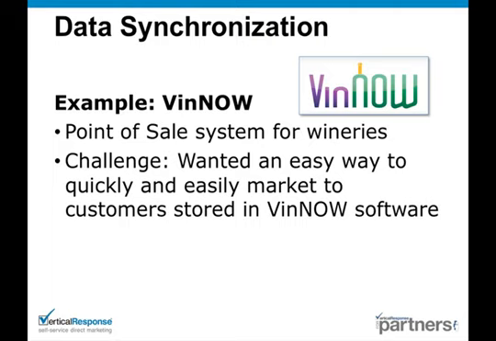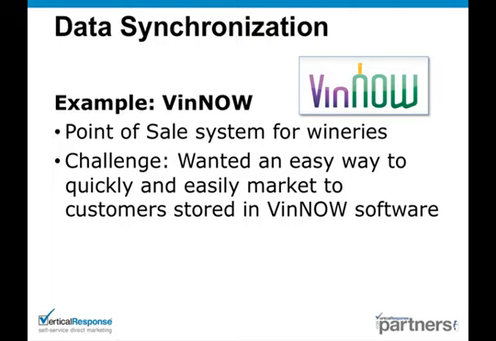The challenge they had is they've got really solid, rich customer data. Whenever somebody comes into a winery or into a tasting room and they want to join a wine club or they make a purchase, they want to sign up with their information, the people in the winery can collect that information, put it in VinNow, and track information such as their favorite kinds of varietals, the amount of money they've spent over the past course of time, whether it be a quarter, a year, a month, what have you, what events they have attended, what kind of events they prefer to attend.